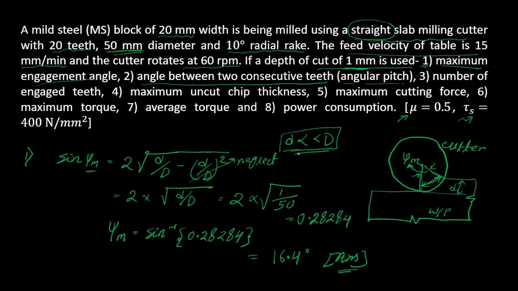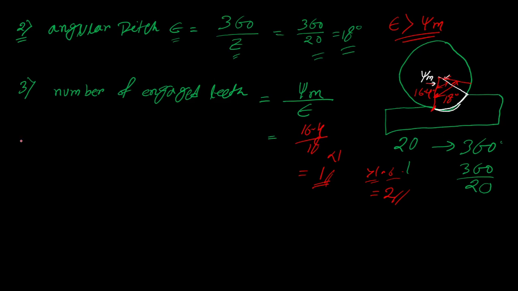What is the fourth question? Maximum uncut chip thickness. Now we have to find out the maximum uncut chip thickness, which I represent by AM. There is a basic formula we all know for turning: maximum uncut chip thickness is S0 into sin phi, where phi is the principal cutting edge angle and S0 is the feed in millimeter per revolution.